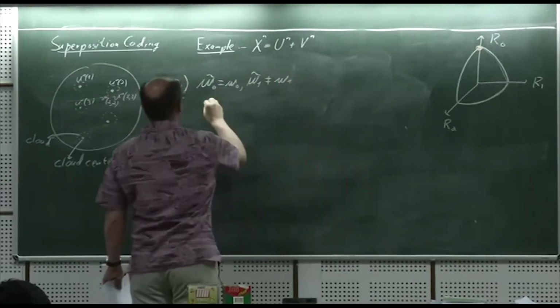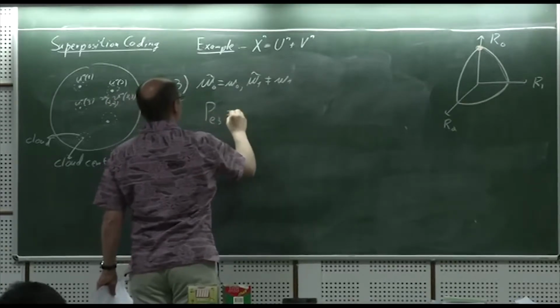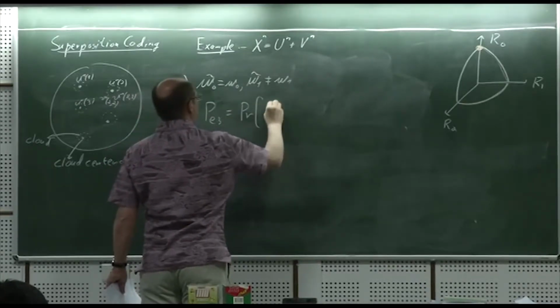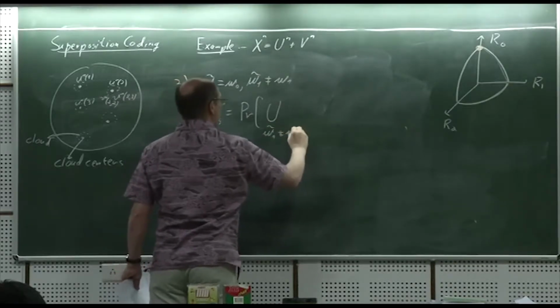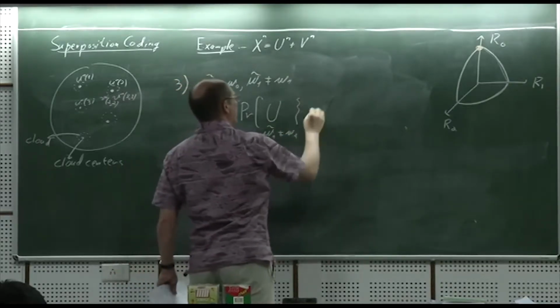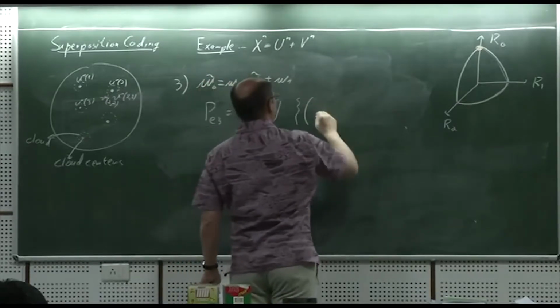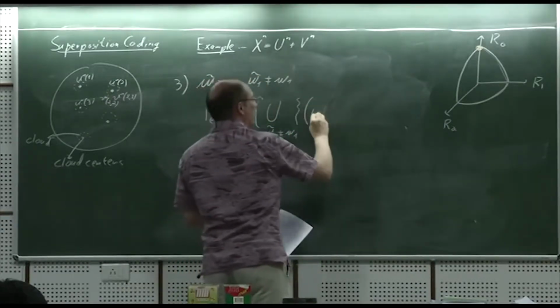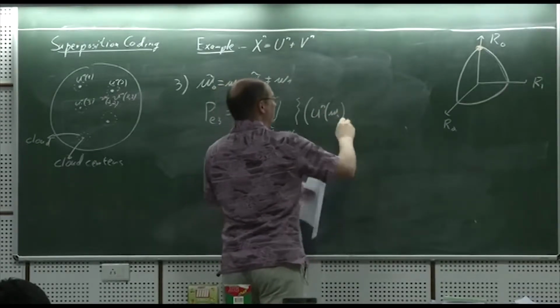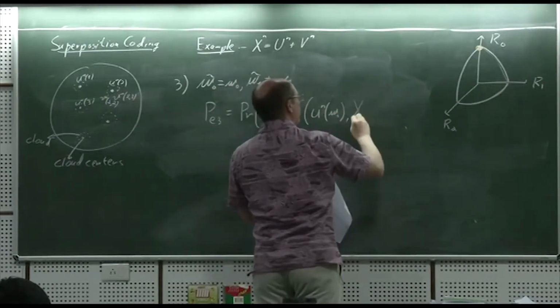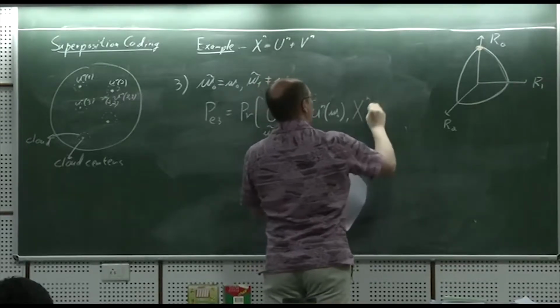Now the error probability, let me call that P3, is the probability of the union over all W1 tilde not equal to W1 of the events that U^n is the correct one, for W0, and only the X^n is different.